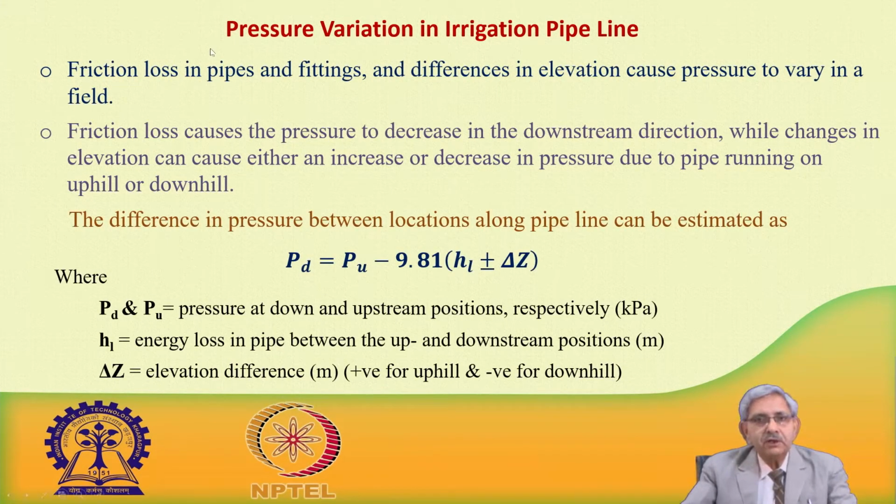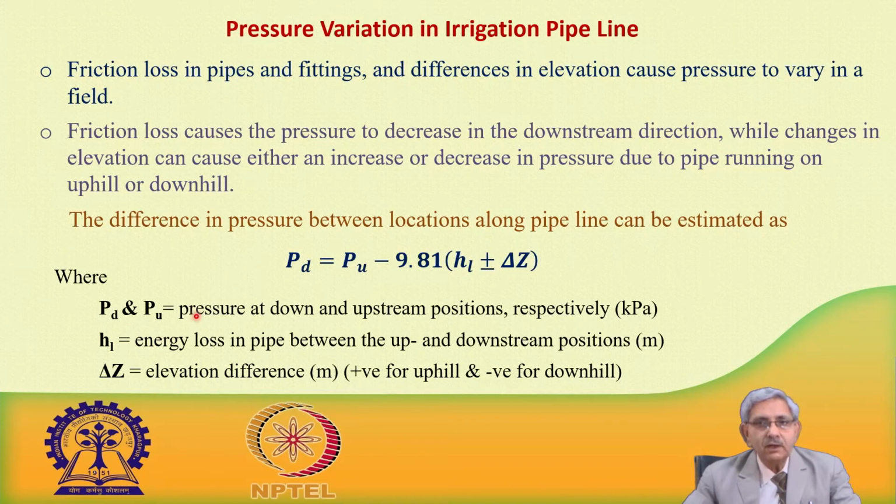A typical pressure head variation equation can be given by Pu minus Pd equal to 9.81 times HL plus or minus delta Z. Pu is the pressure at the upstream end and Pd is the pressure at the downstream end. When expressing this in kilopascal, one has to multiply by 9.81.